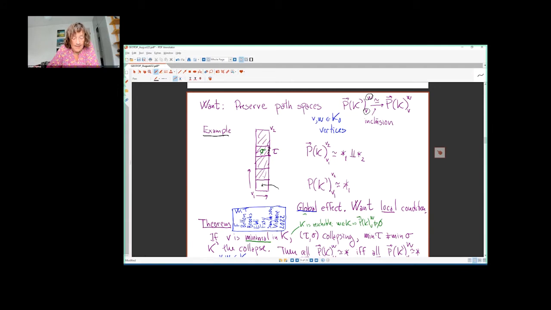Well, if I look at the path space before collapse, then from here to there are two essentially different ways. There are two connected components of the path space, namely going below the hole and then going up to this V2, or going this way around and going up to this V2 and going maybe through some of this stuff that doesn't matter.